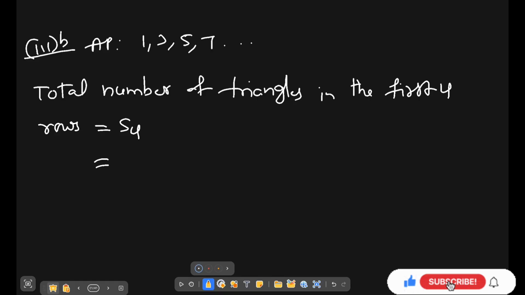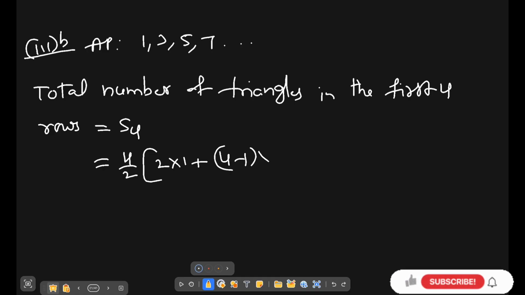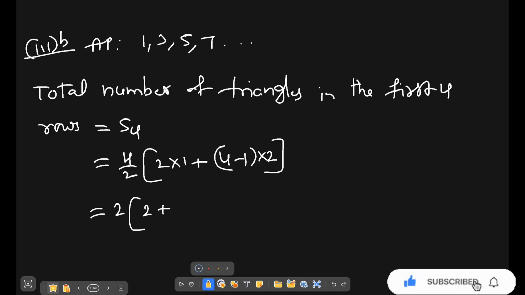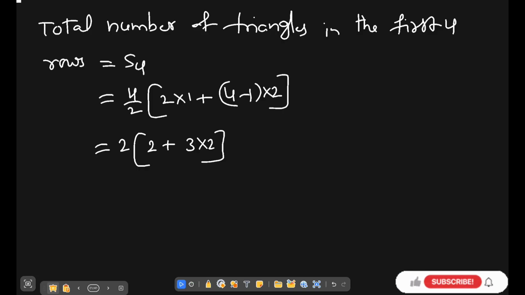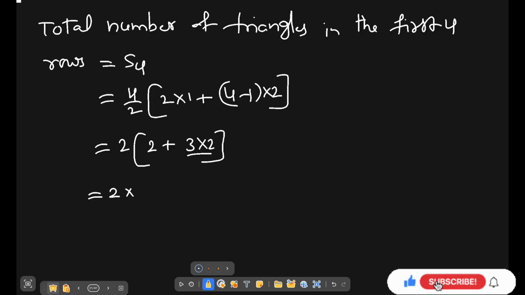S4 can be written as 4 by 2 of 2 into 1 plus 4 minus 1 into d, common difference is 2. So 4 by 2, so 2 of 2 plus 3 into 2. So this will be equal to 2 into 2 plus 6, so 8. So 16 triangles in the first four rows.